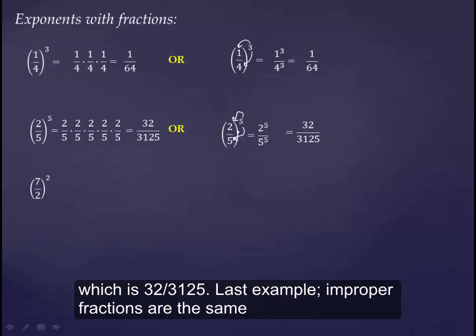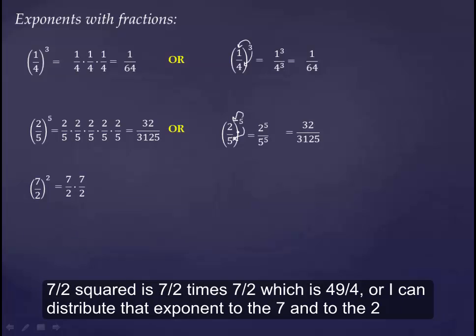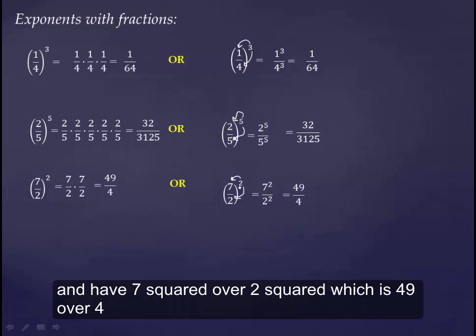Last example, improper fractions are the same. 7/2 squared is 7/2 times 7/2, which is 49/4. Or I can distribute that exponent to the 7 and to the 2 and have 7 squared over 2 squared, which is 49/4.